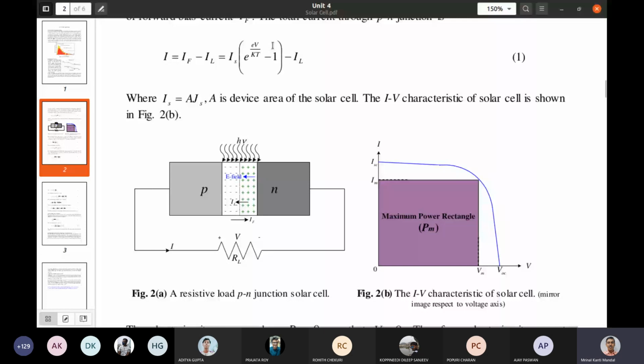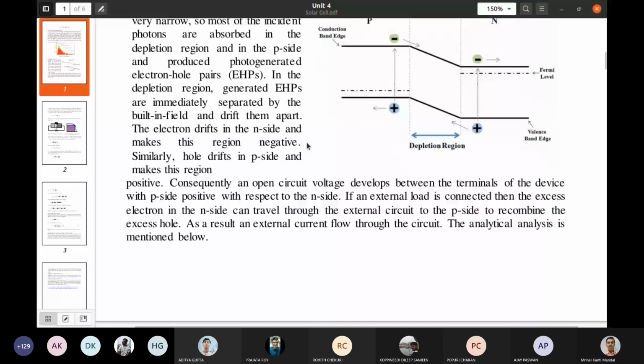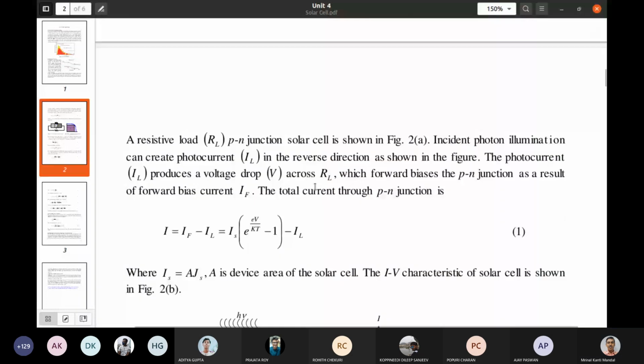This is what I have mentioned here, in mathematical representation. So the current in the circuit is I, that is IF minus IL.